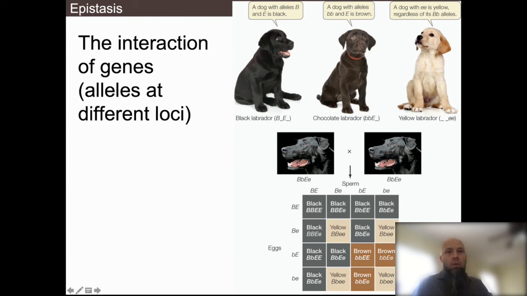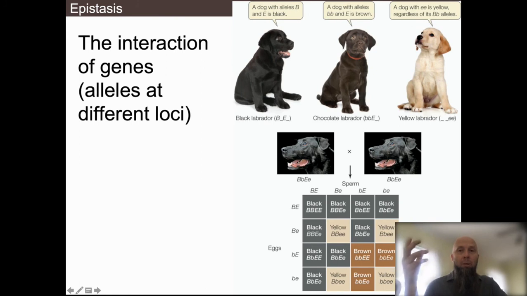Now, the epistatic gene, E, is one whose product determines whether that pigment that is produced is actually put in the hair. So there's a gene that makes the pigment, then there's another one that puts it in the hair. If a dog is homozygous recessive, little e, for that gene product that puts the pigment in the hair, then you get a yellow lab. And that yellow lab could be homozygous dominant for big B or homozygous recessive for B. Doesn't matter.